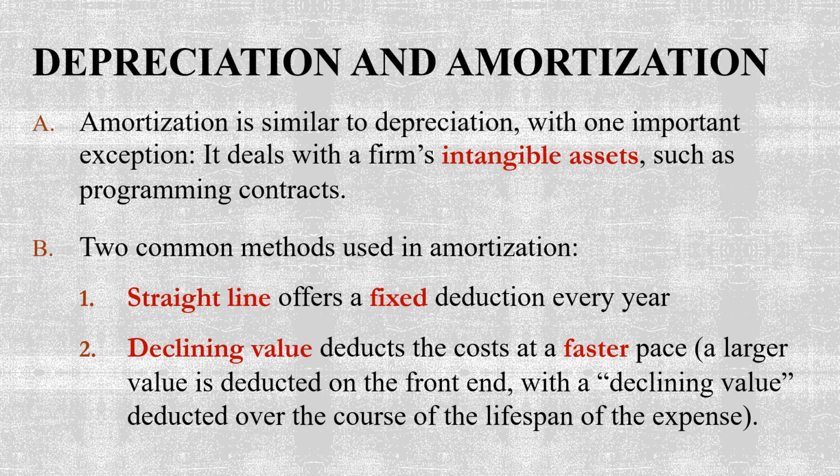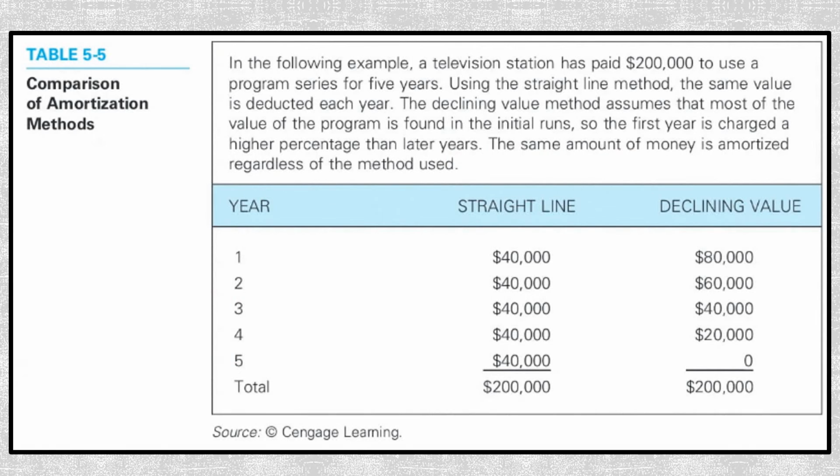Declining value deducts the costs at a faster pace, so perhaps there's a huge amount of money being taken into account as part of the declining value in year 1, then not so much in year 2, then not so much in year 3. The table in your textbook has a good example of what we're talking about here.